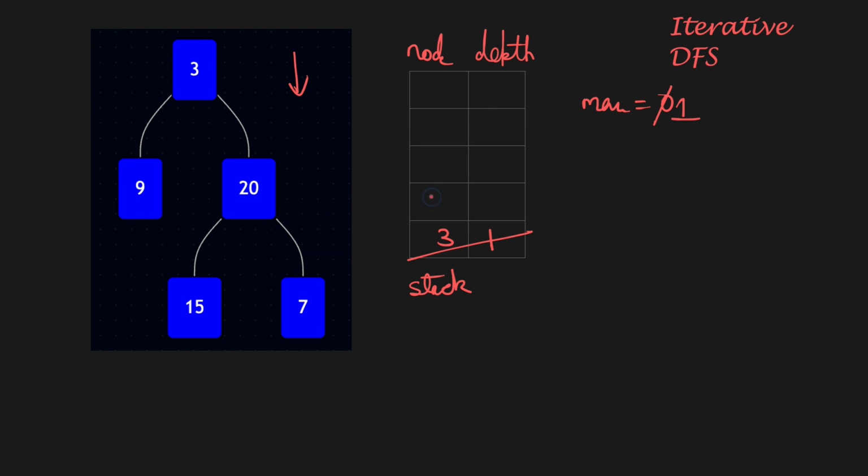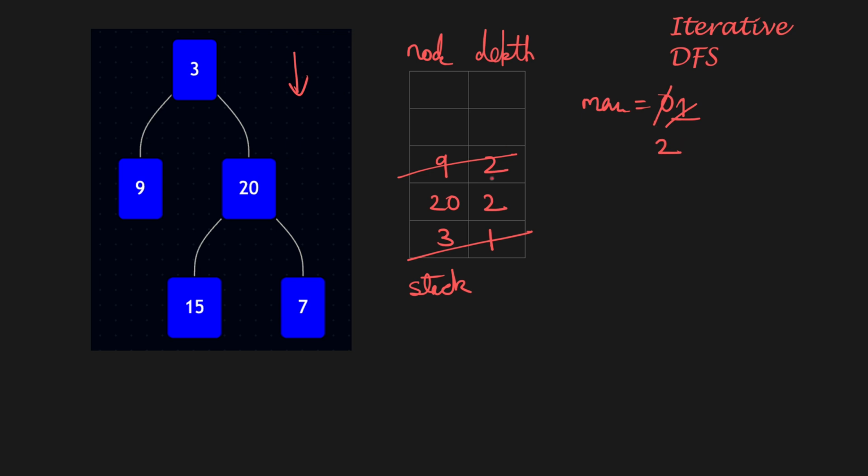So we will push its right child, node 20, with the depth equal to the depth of its parent plus 1. The depth of its parent was 1, so this gives node 20's depth as 1 plus 1 equal to 2. Similarly, we will push node 9 with depth 2 as well. And again, since the stack is not empty, we pop out node 9 as it is at the top of the stack and update the maximum depth to 2.